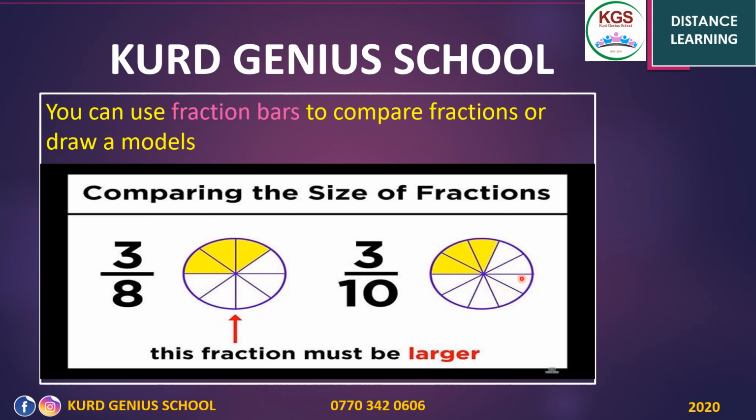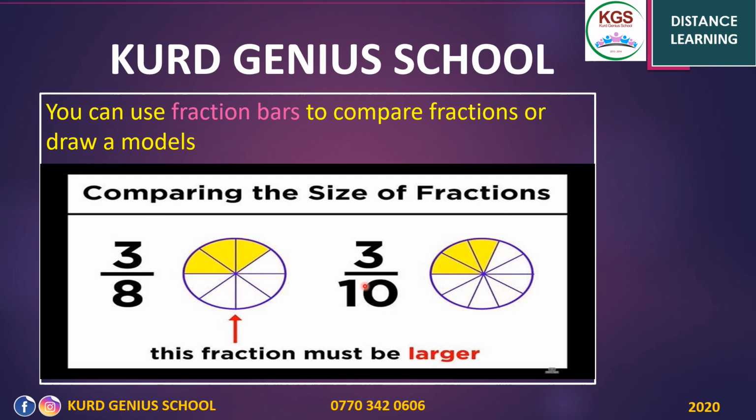We decide to divide these two circles. The first one we decided to divide into 8 equal parts, while the same circle we have to divide into 10 equal parts. Be careful. Both of the circles should be equal sizes, okay?